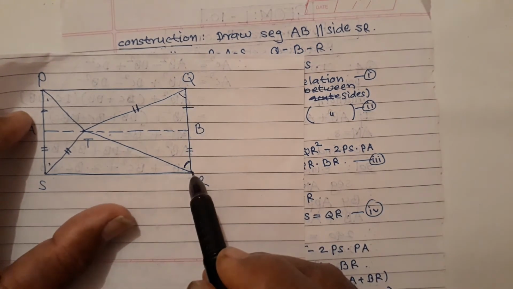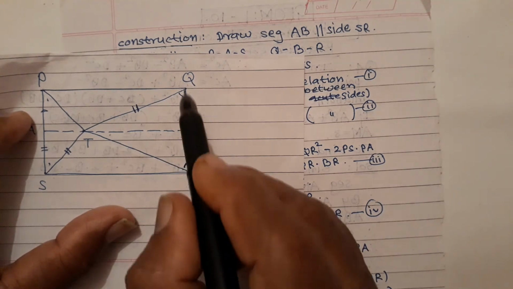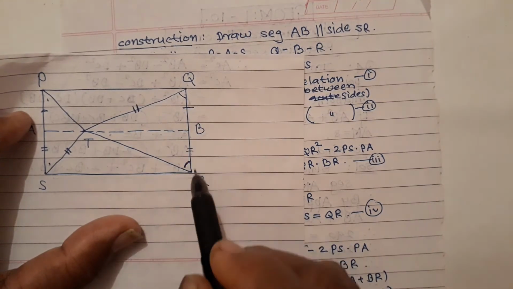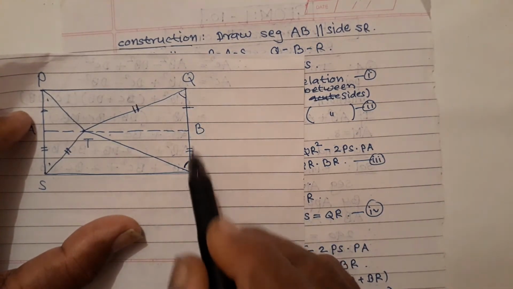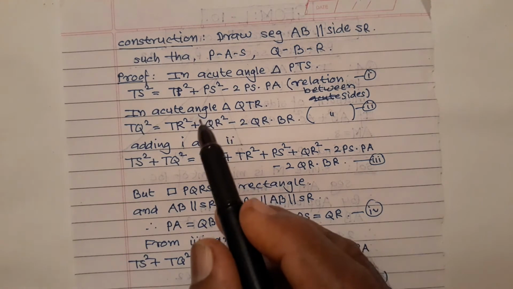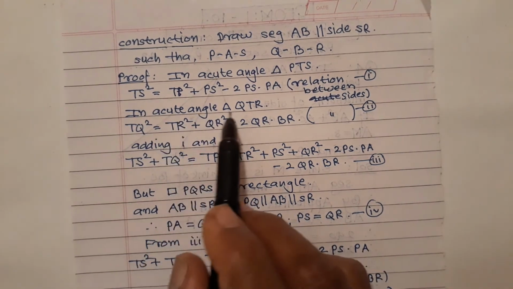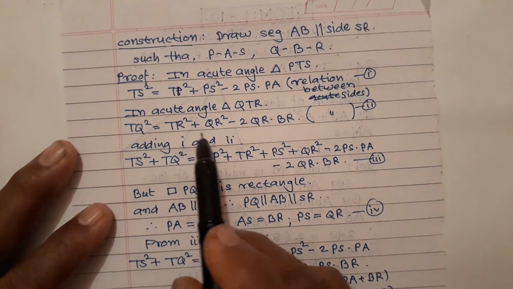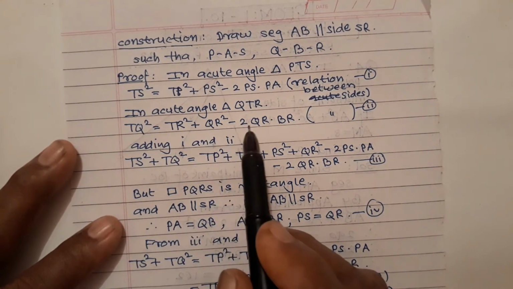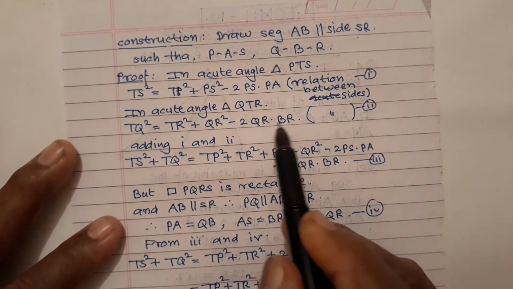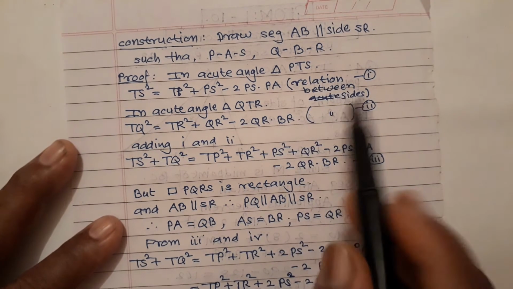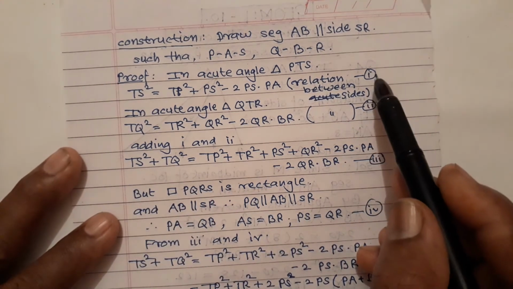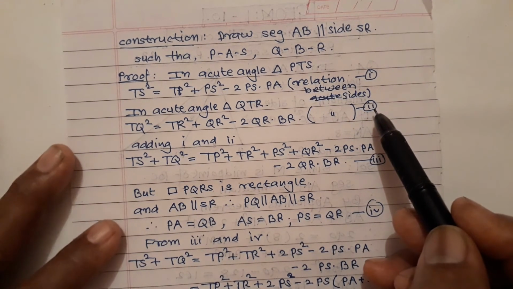Now QR is the base, so minus 2QR into, TQ is there, therefore you take this part, so BR. So in acute angle triangle QTR, TQ square is equal to TR square plus QR square minus 2QR into BR. Relation in acute angle triangle. Now this is statement number 1, this is statement number 2.